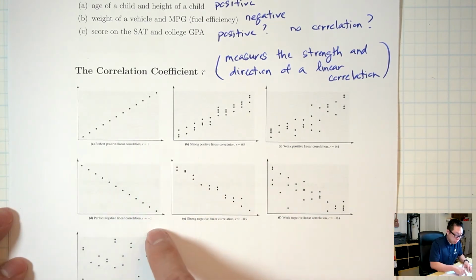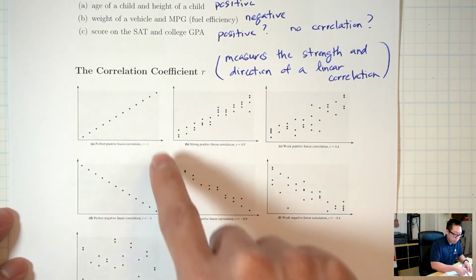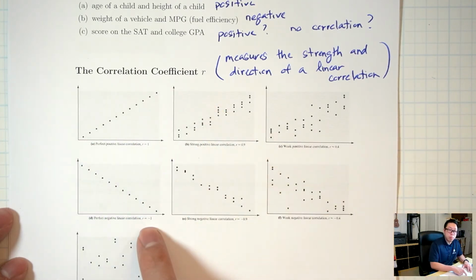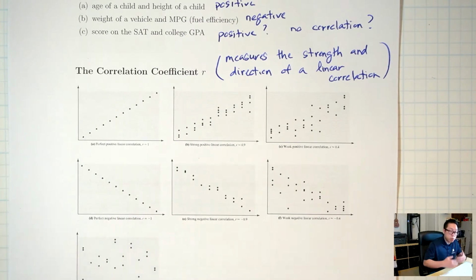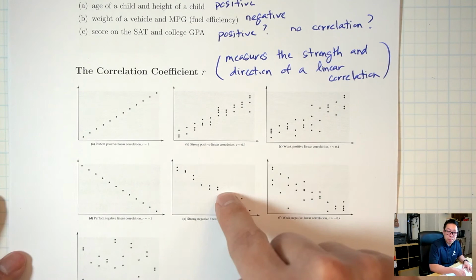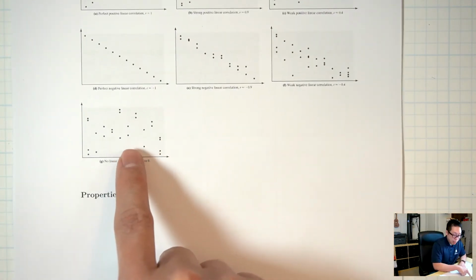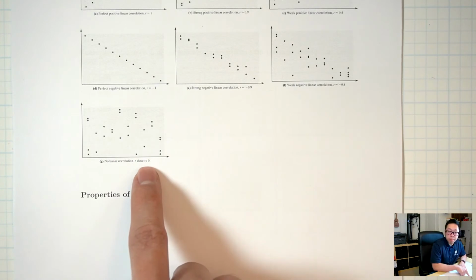So 1 and negative 1 are perfect lines. 1 is a perfect line in the positive direction. Negative 1 is a perfect line in the negative direction. And then the closer you are to either one of those, the closer you are to a line. And then this picture looks nothing like a line, and the R is 0.